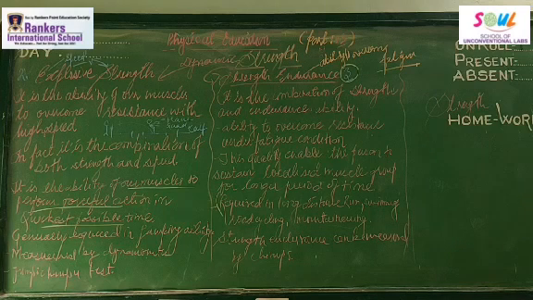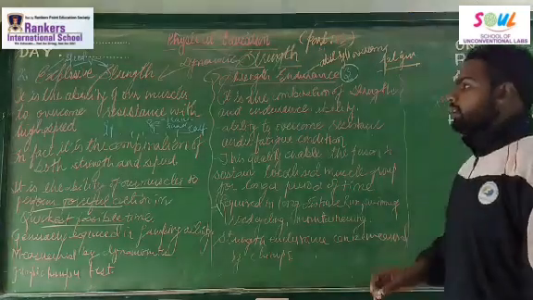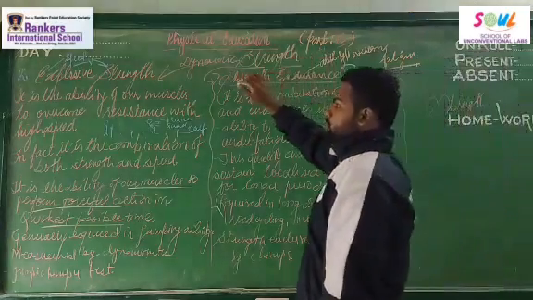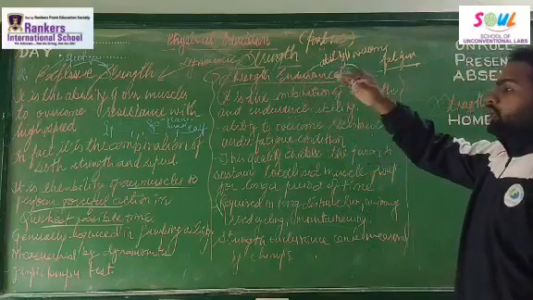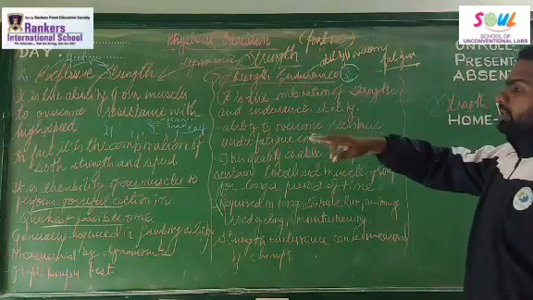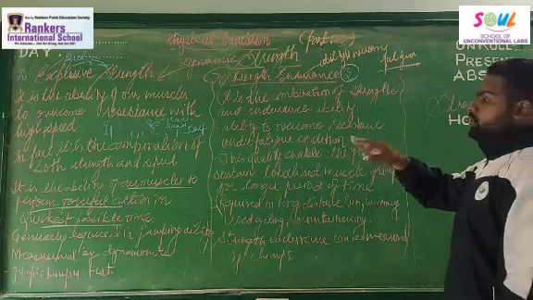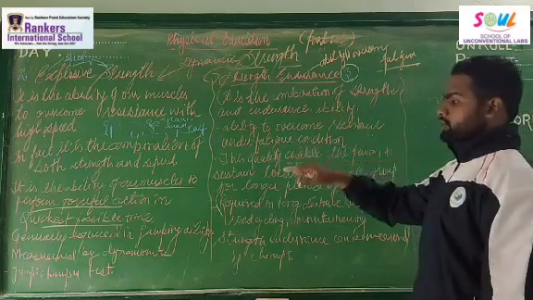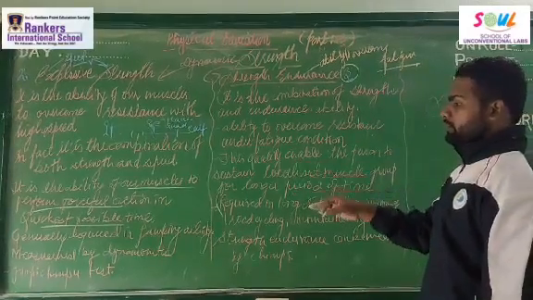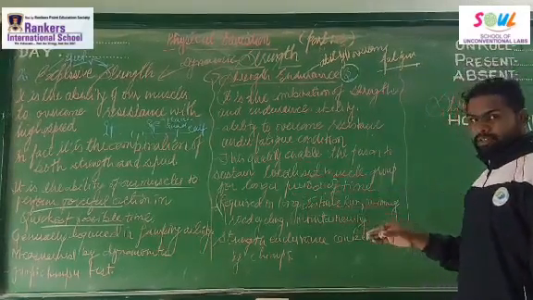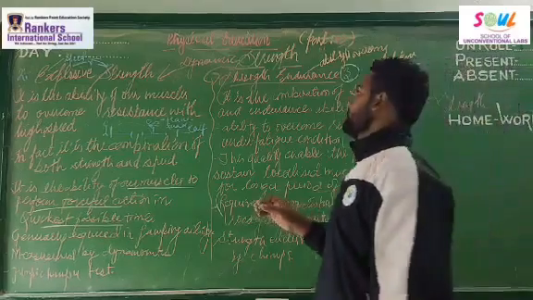Now we are going to recapitulate what we started. We started with explosive strength. It is the ability of our muscles to overcome resistance with high speed. In fact, it is a combination of strength and speed. It is generally required for jumping activity and measured by dynamometer and jump chin-up test.